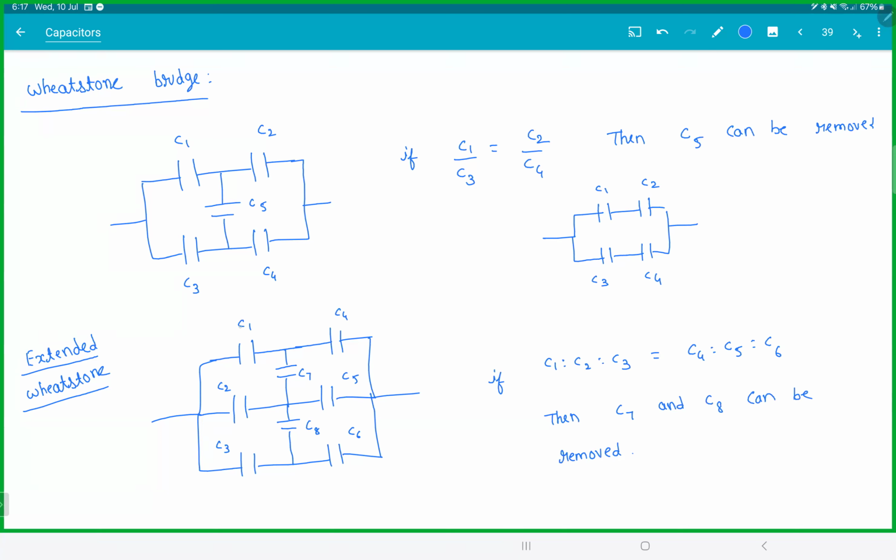Let's say you just satisfy C1 by C2 and C4 by C5. You can't even remove C7. That is because you didn't satisfy the C8 condition, so the capacitance value itself will change. So in an extended Wheatstone bridge, you can put 10 junctions. It doesn't matter. You can remove all of the things in the middle, but that ratio should be maintained. We can call this an extended Wheatstone bridge.